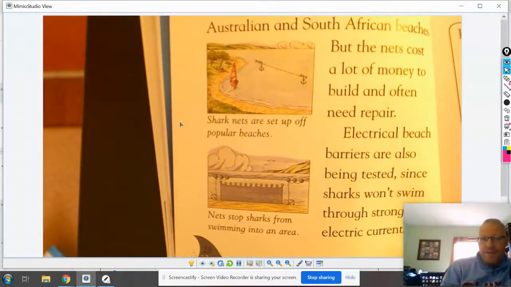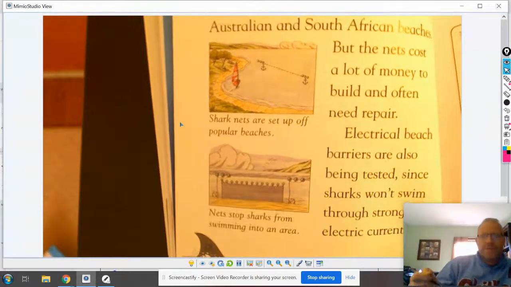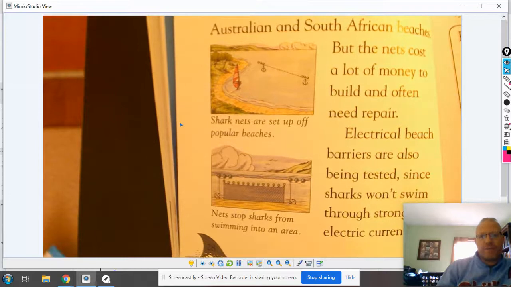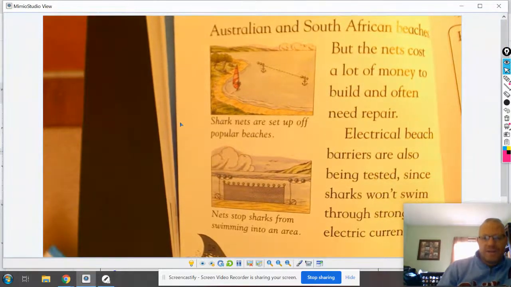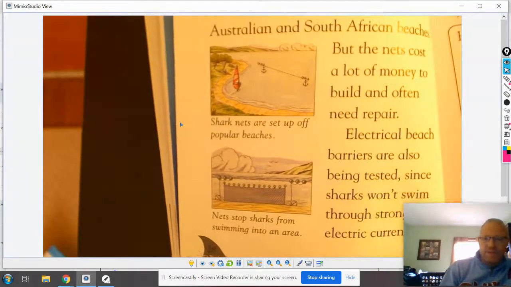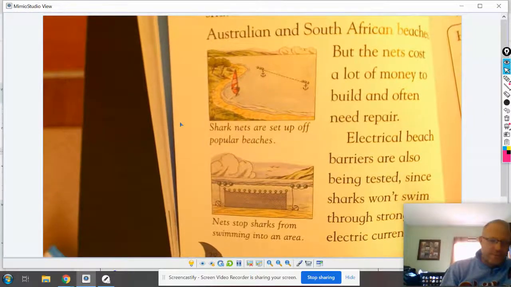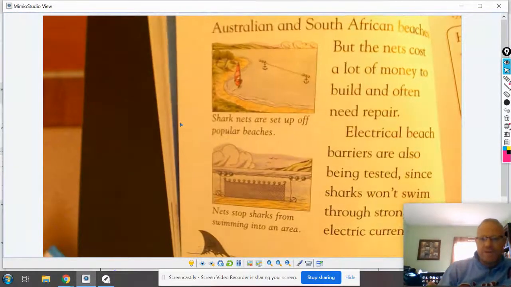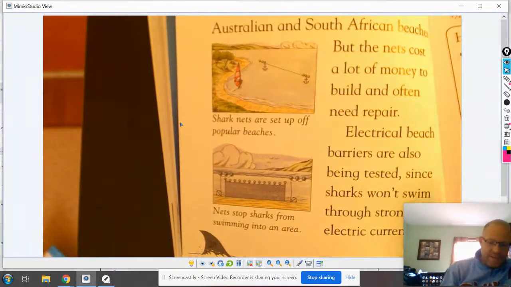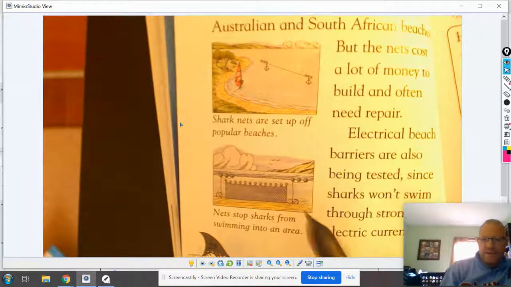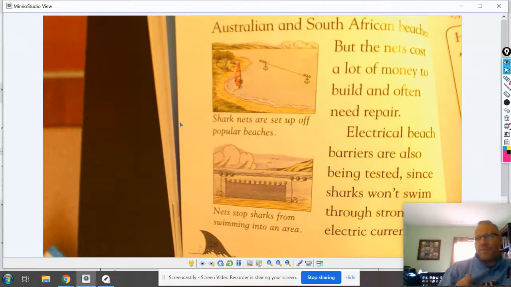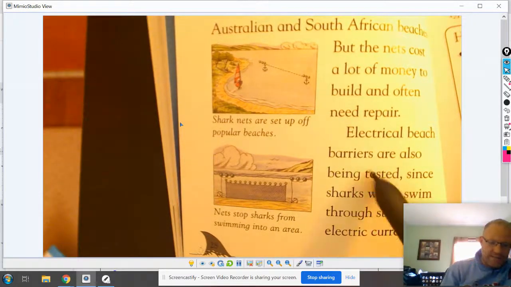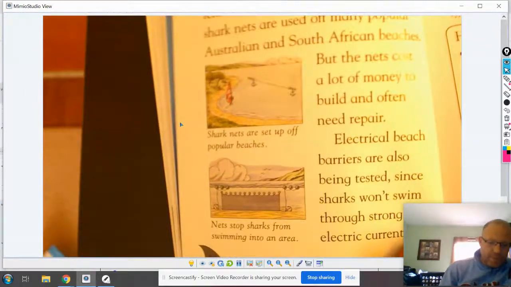Not enough to hurt you if you touched it, but enough for it to be uncomfortable to the touch. And sharks, as we read in the past chapters, have electroreceptors, and they can sense electromagnetic fields. And with that, if there was an electrical fence in the area, they would most likely avoid that area. And that's what they're kind of going for there. So they're testing those out still.